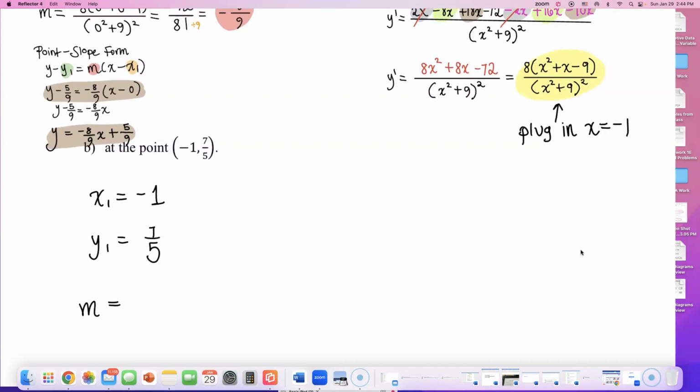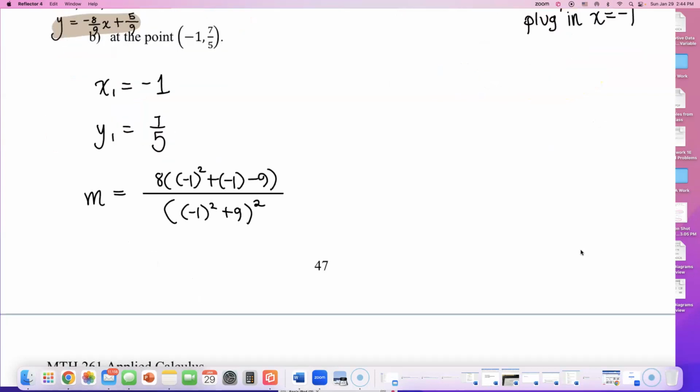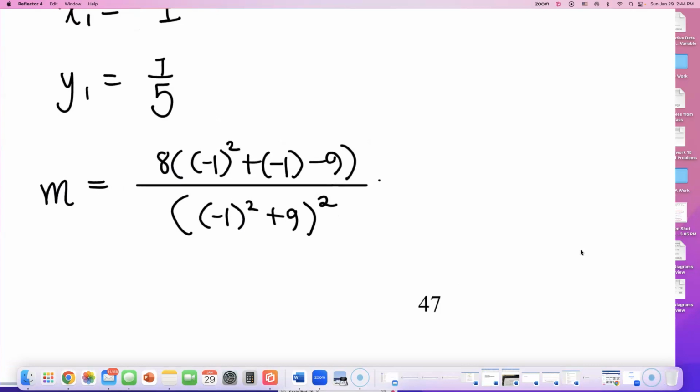So that will be fraction bar 8 times -1 squared plus -1 minus 9. That's the numerator. And the denominator will be -1 squared plus 9 squared. All right, ooh, let's simplify this mess. So this is going to be, let's try to do this slowly.